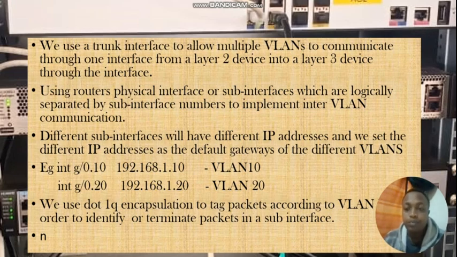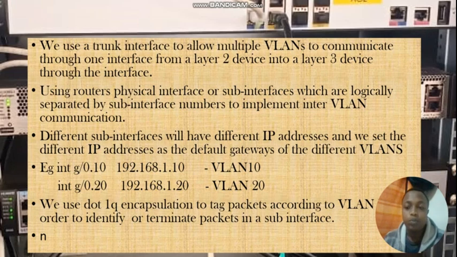Now this means that the interface that you're going to use to connect from your switch to your layer 3 device is supposed to be a trunk interface. That means that it's going to allow traffic from multiple VLANs to pass through it.